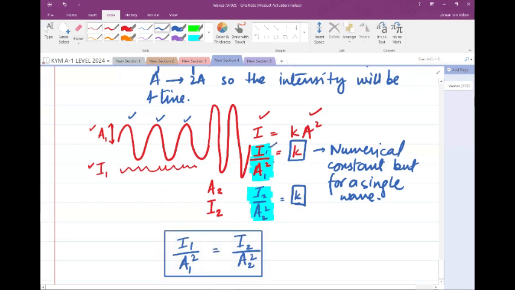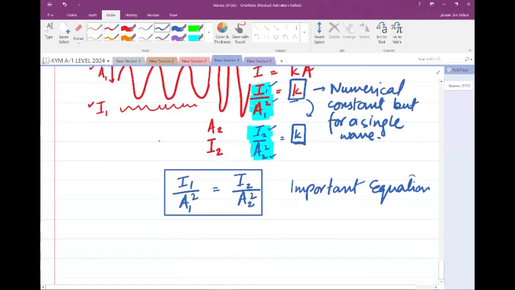Because I1 over A1 square was equal to K and I2 over A2 square was also equal to K. Both these K's were equal, so we equated the left-hand side of one equation with the left-hand side of the other. That's going to be an important equation for us.